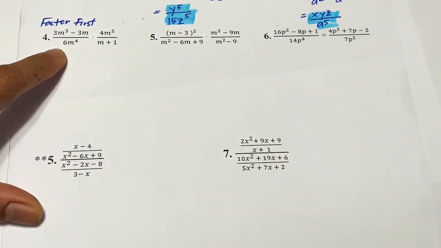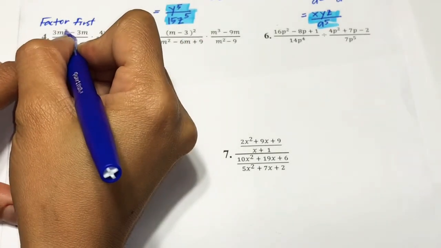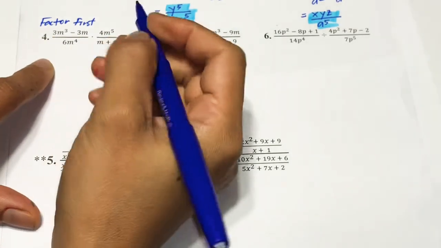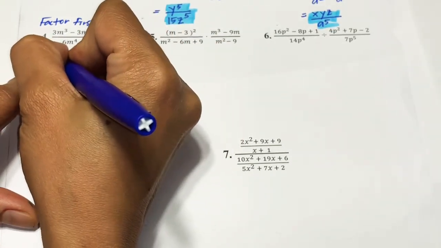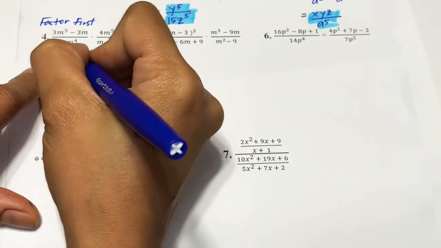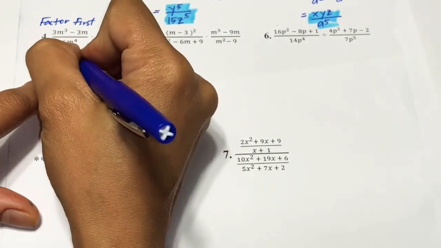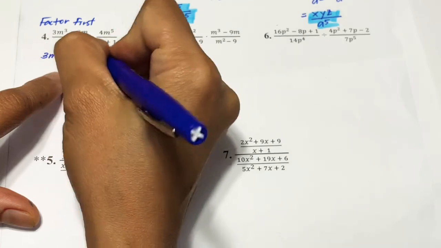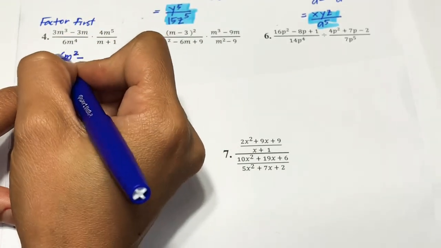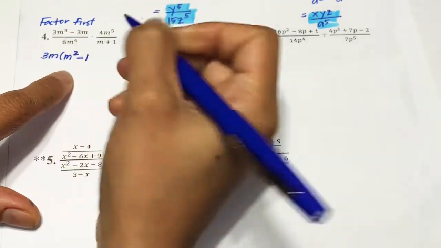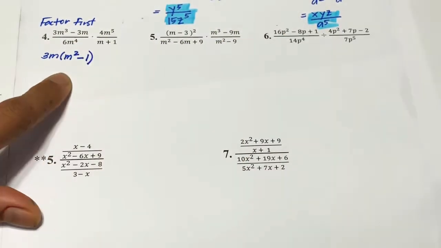So 3m cubed minus 3m, they have a GCF of 3m. Take out a 3m, you're left with m squared minus, if you take out a 3m, you have to multiply it by 1. If you take the whole thing away, you have to multiply it by 1.